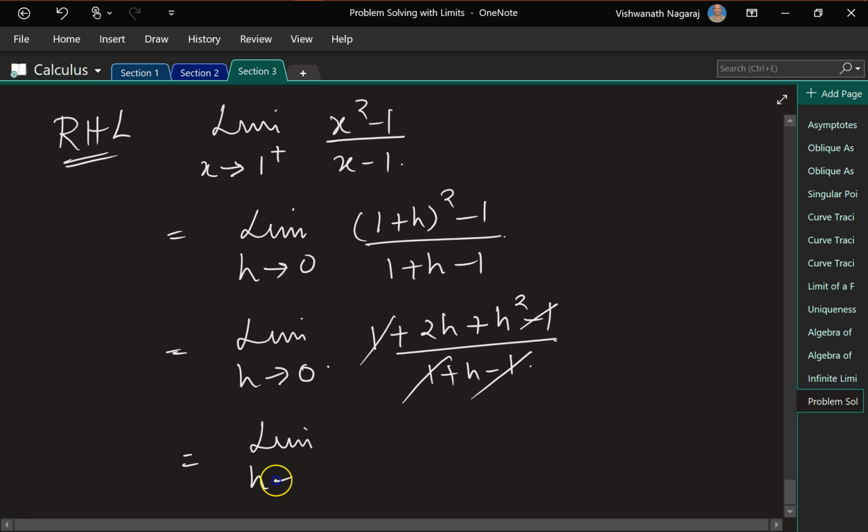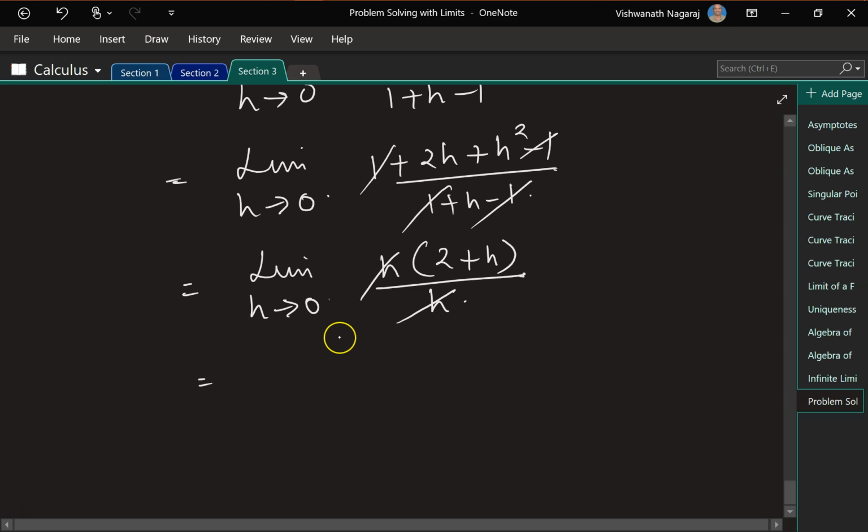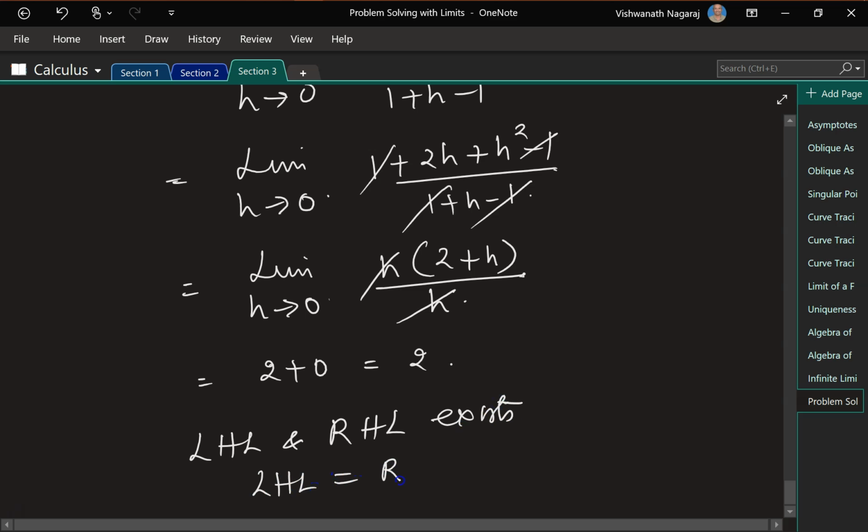Again h is common, so 2 plus h by h. These two get cancelled. Now when we take the limit, we get 2 plus 0, which is equal to 2. Left hand limit and right hand limit exist, and LHL equals RHL equals 2.